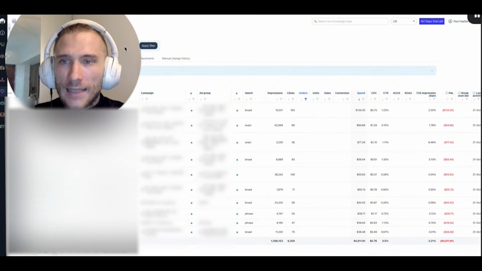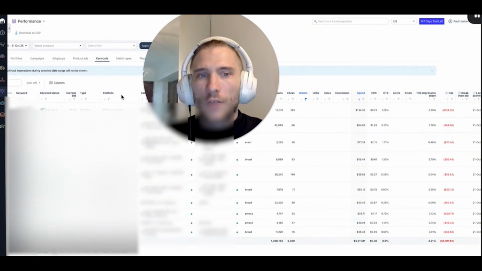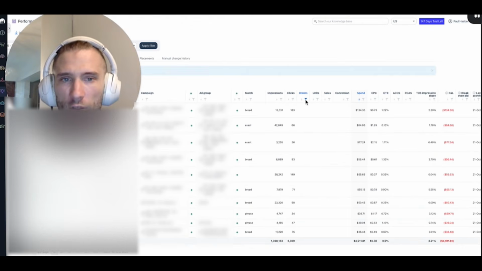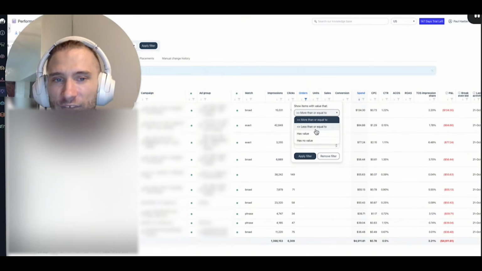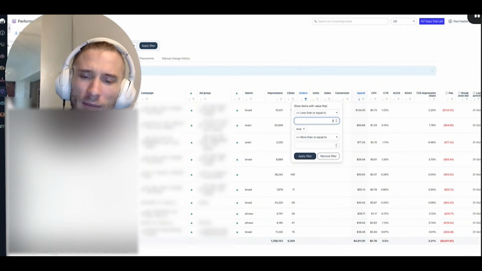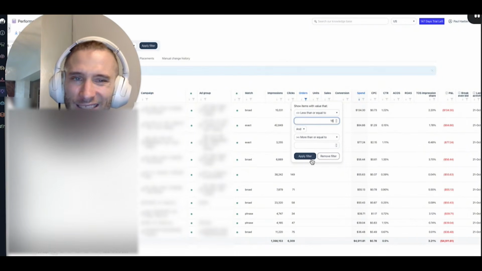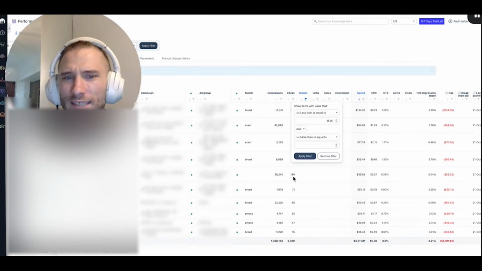And last thing, this is probably less likely to improve your TACOS, but I think it's still important. We want to focus on everything with orders equal 0, but let's say clicks less than 50, or you could say 70, everything where in the last 14 days we had less than 15 clicks. You could also say 20, or you could say 25.